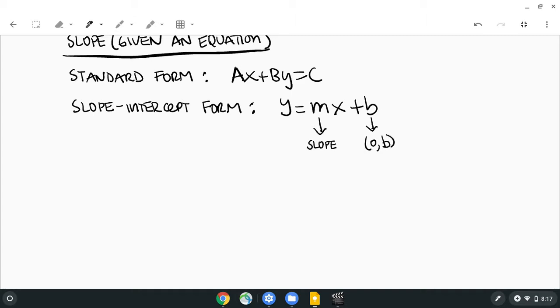So 0, b will be your y-intercept. Okay. So that's why it's called the slope-intercept form.